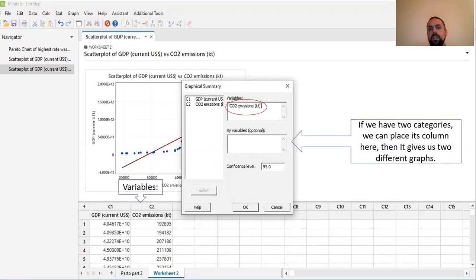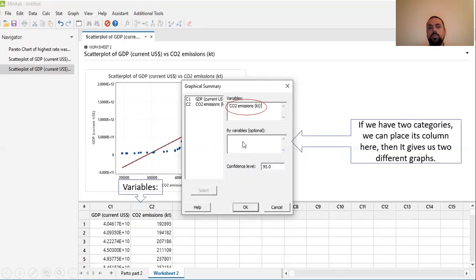Right now, we want to consider CO2 emission in the graphical analysis, in the part of graphical summary. So in the part of variable, we select CO2 emission. We have another part, which is the by variables.